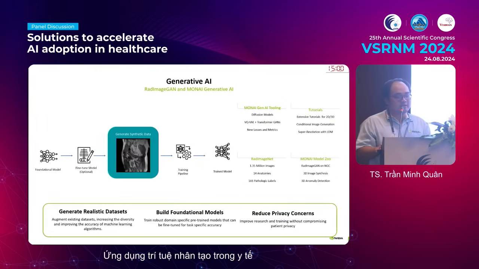The first one is about how to leverage Gen AI to generate more and more data. We try to build a big data set, and we try to leverage the key connection between the medical text and medical imaging, and that's why we come to Gen AI in medical imaging.